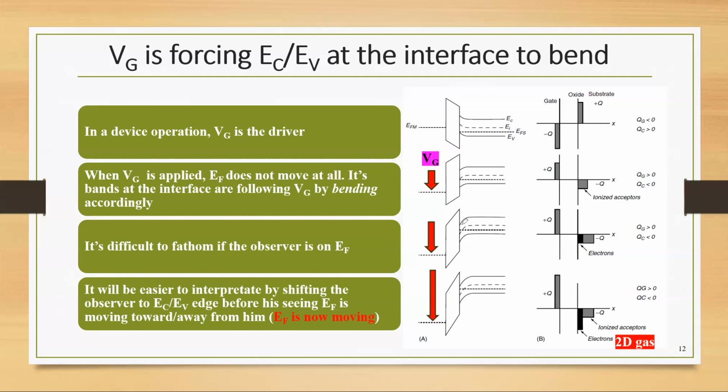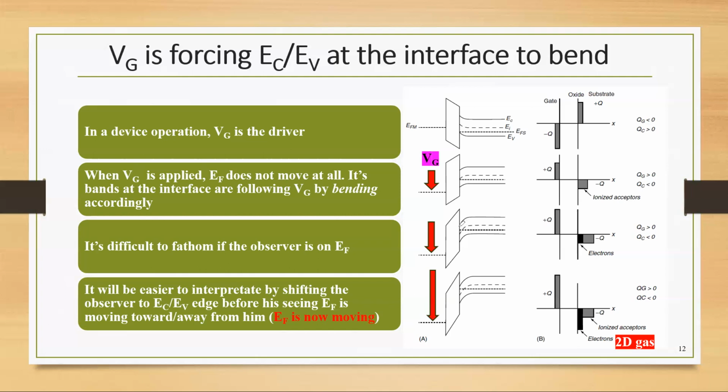It's because if the observer is sitting at the band edge, then you see your Fermi level moving towards you. It was here very far away, but as you go more and more, the band bending is closer and closer to the Fermi level on the semiconductor side.